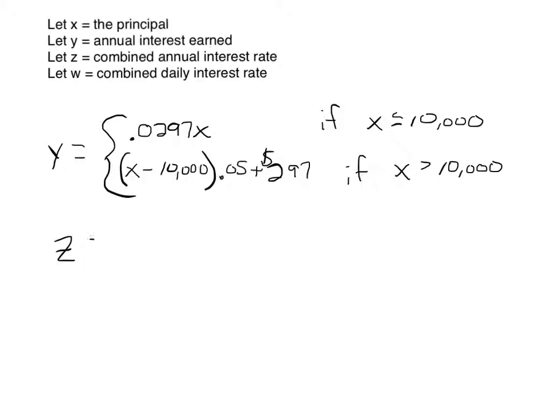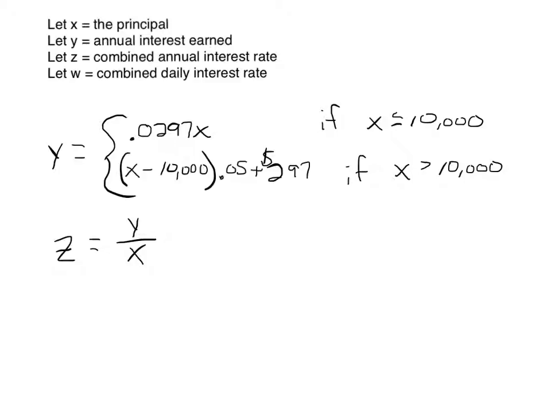Z, if you take what you got for y, the interest earned for the year, and divide it by x, x being the amount of money you had in your principal, this formula will give you your combined annual interest rate.